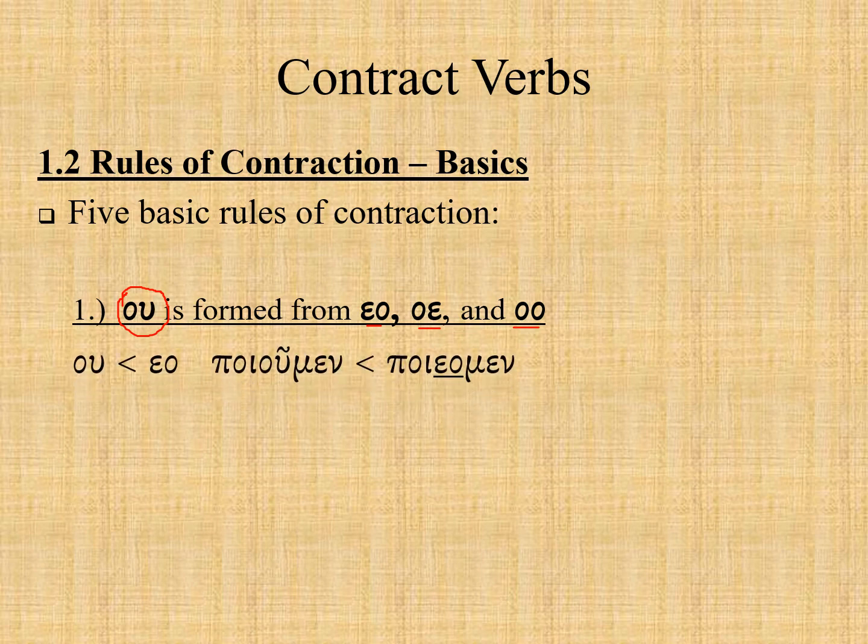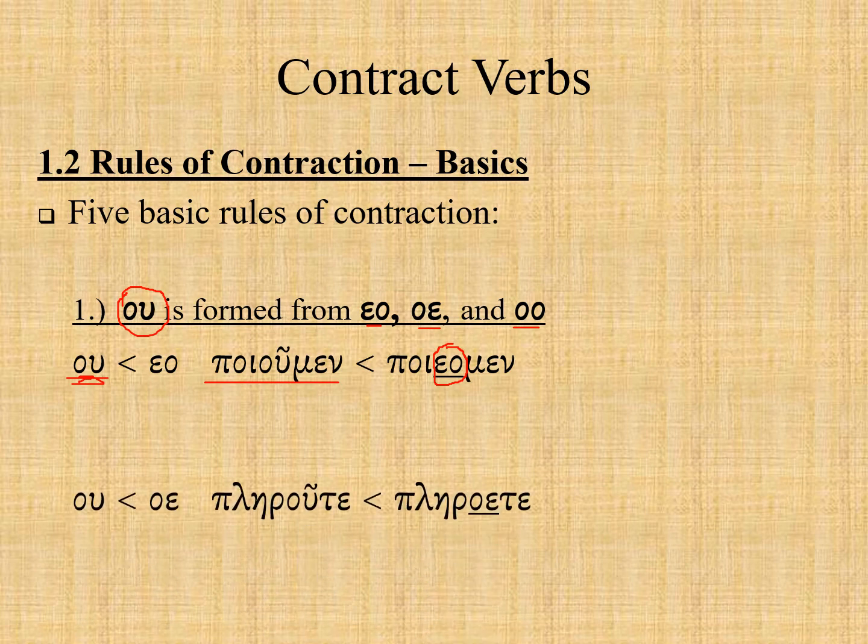It can also be highlighted in this way. The omicron upsilon follows from epsilon and omicron, and this is where you can see the contract vowel and the connecting vowel, and it ends up giving poioumen.